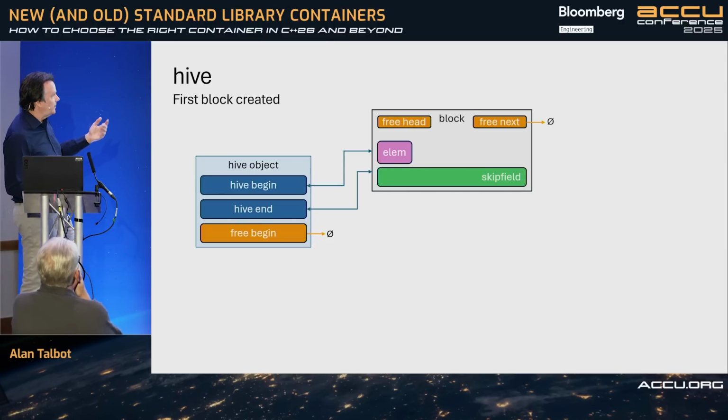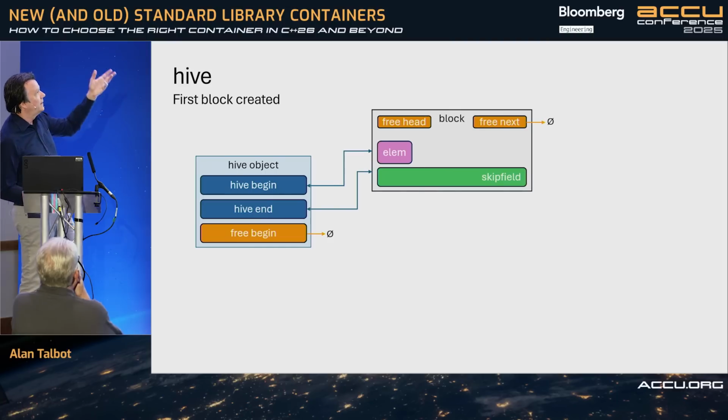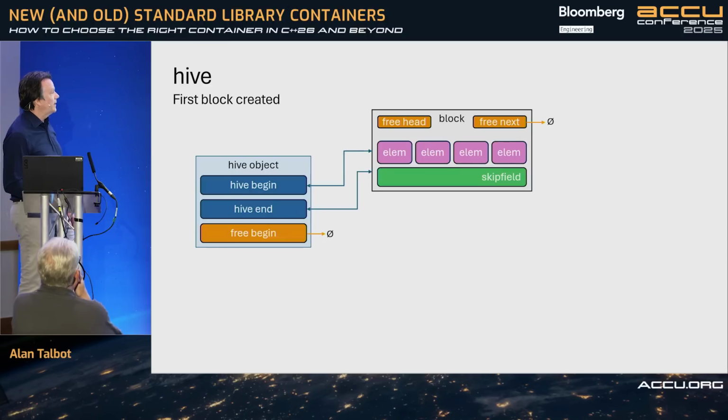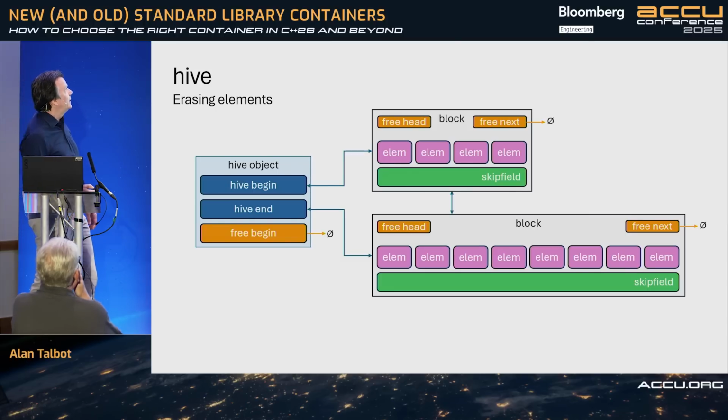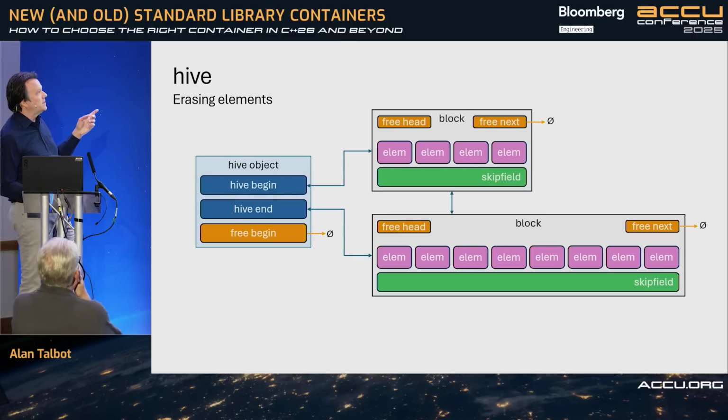So it starts out empty, just like all containers. We get one element, we have a skip field. We add some elements, add some more elements, got another block. Now let's see what happens if we erase. Erase an element, okay?